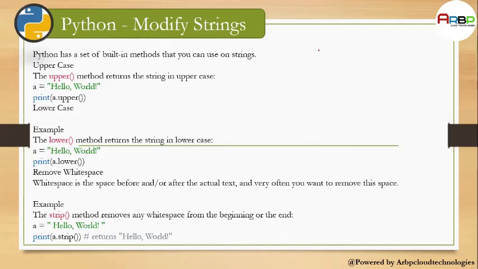Let me print b dot upper, brackets. It will show an error because the upper spelling is wrong. Now it will show it. See, the whole thing is in upper.